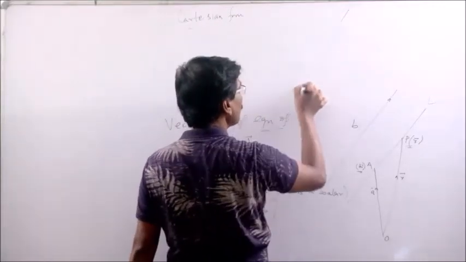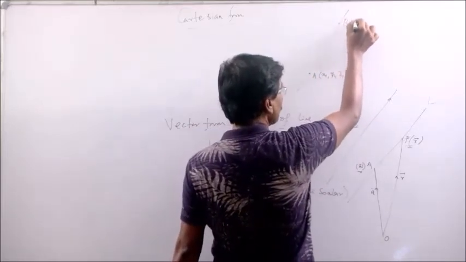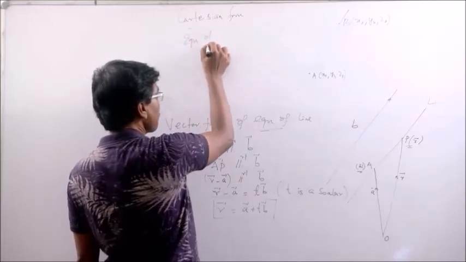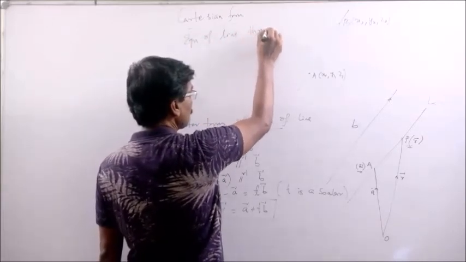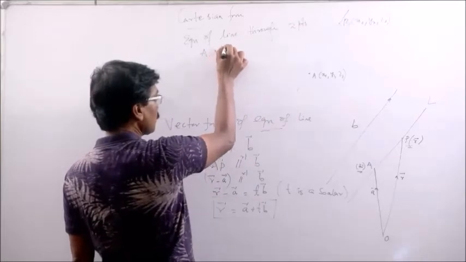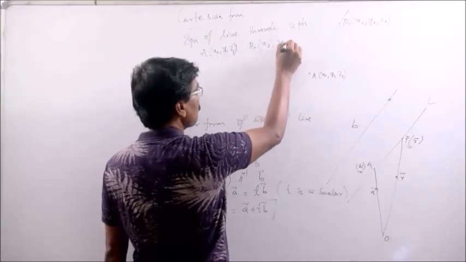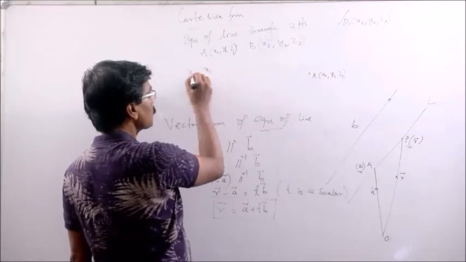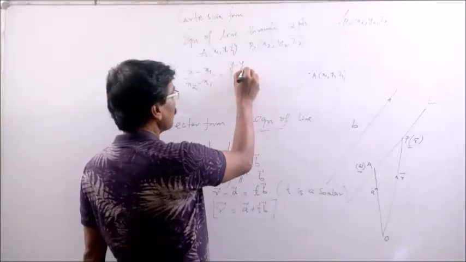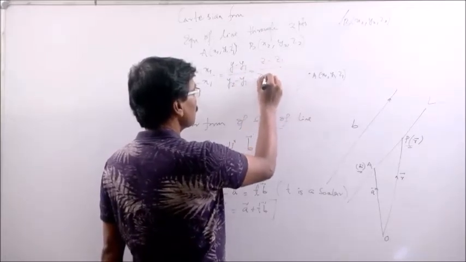If we are given two fixed points (x1, y1, z1) and (x2, y2, z2), then the equation of the line through the two points A (x1, y1, z1) and B (x2, y2, z2) is (x minus x1) divided by (x2 minus x1) is equal to (y minus y1) divided by (y2 minus y1) is equal to (z minus z1) divided by (z2 minus z1).